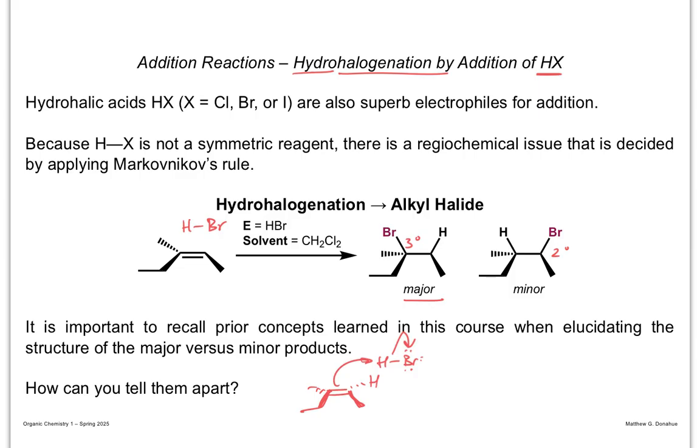So we protonate the carbon that has the most hydrogens. That generates a tertiary carbocation plus the bromide anion. That will then trap the carbocation.